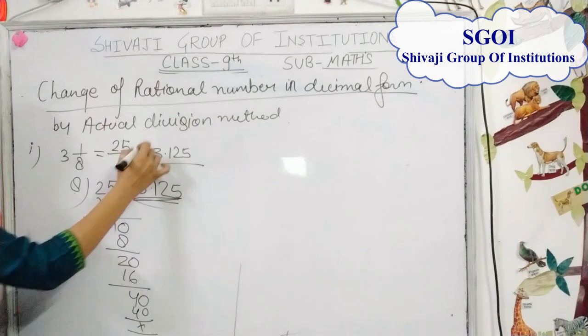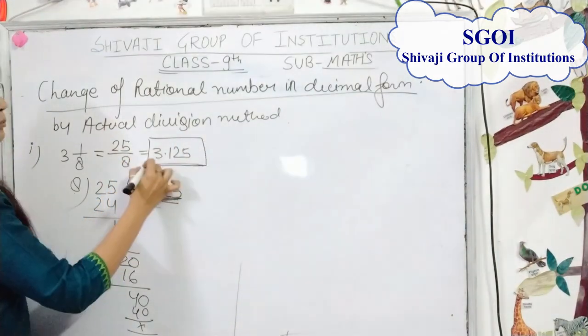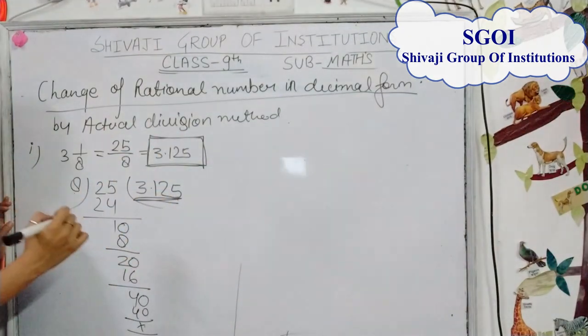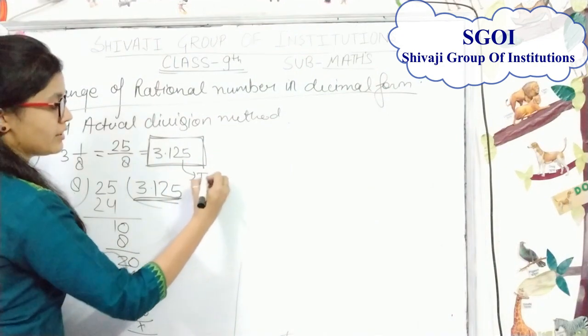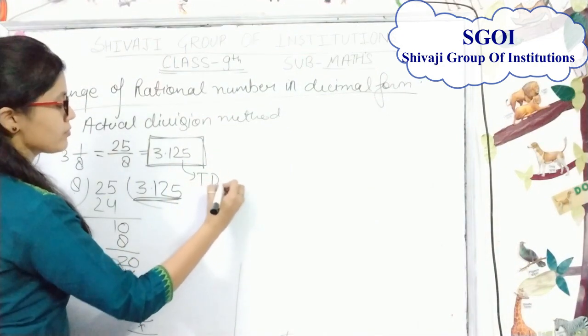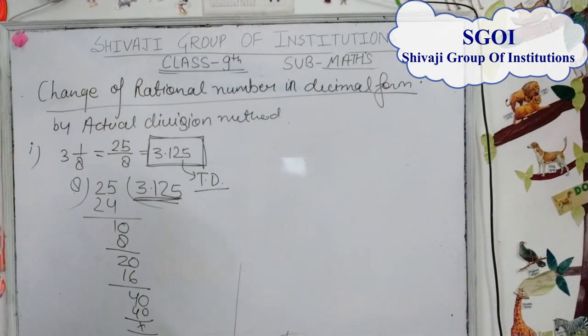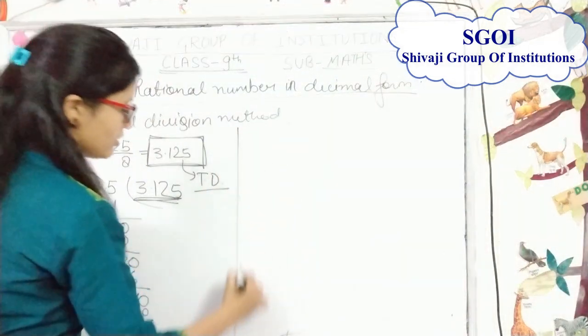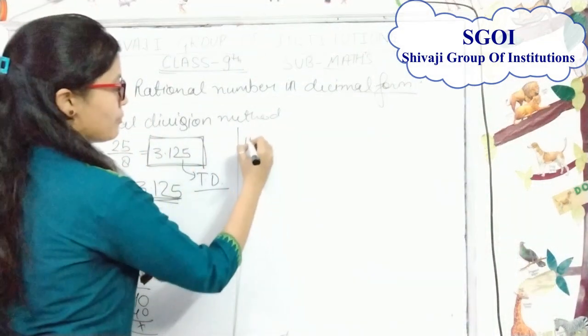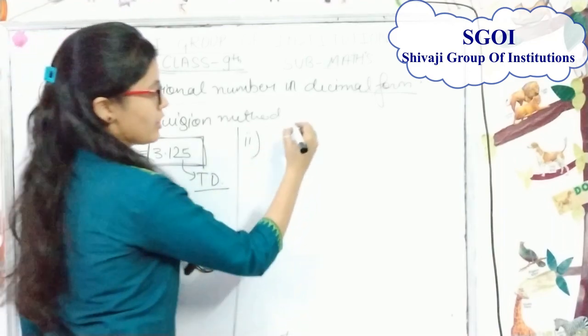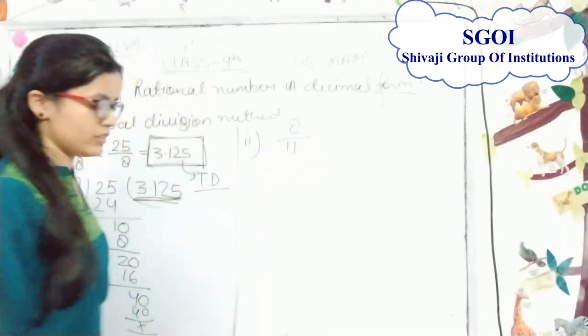Students, you know that this rational number is in the form of a terminating decimal. And the next example is 8 by 11.